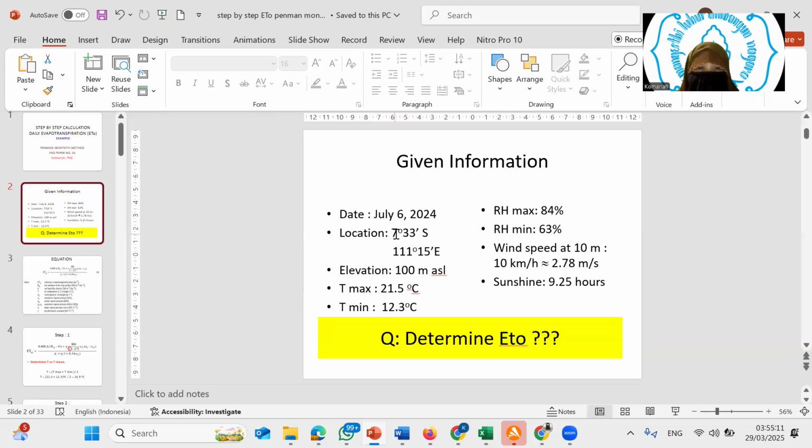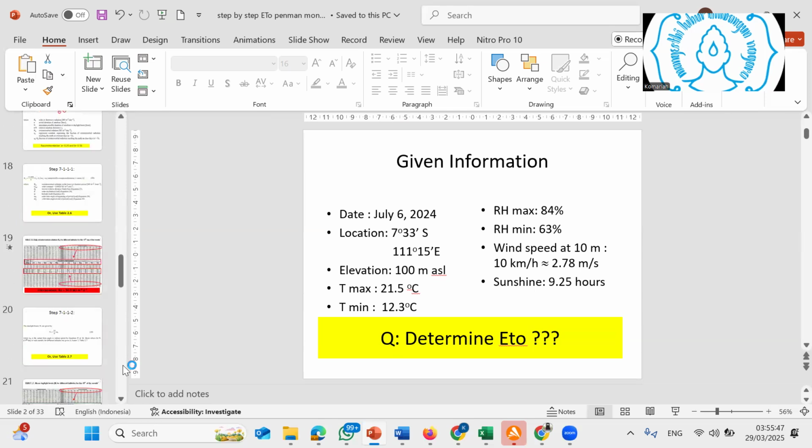The latitude is 7°33' south. 1 degree is 60 minutes, so 33 minutes is nearly equal to 0.5 degree. I will send you how to calculate this degree. So 7 degrees 33 minutes is nearly equal to 7.5 degrees southern hemisphere.